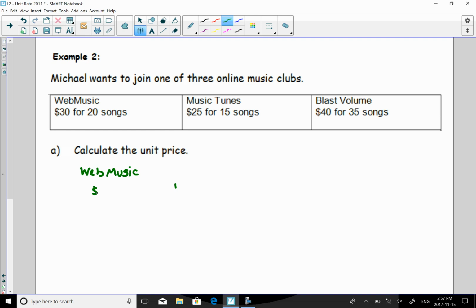So $30 divided by 20. That's $1.50 for one song.